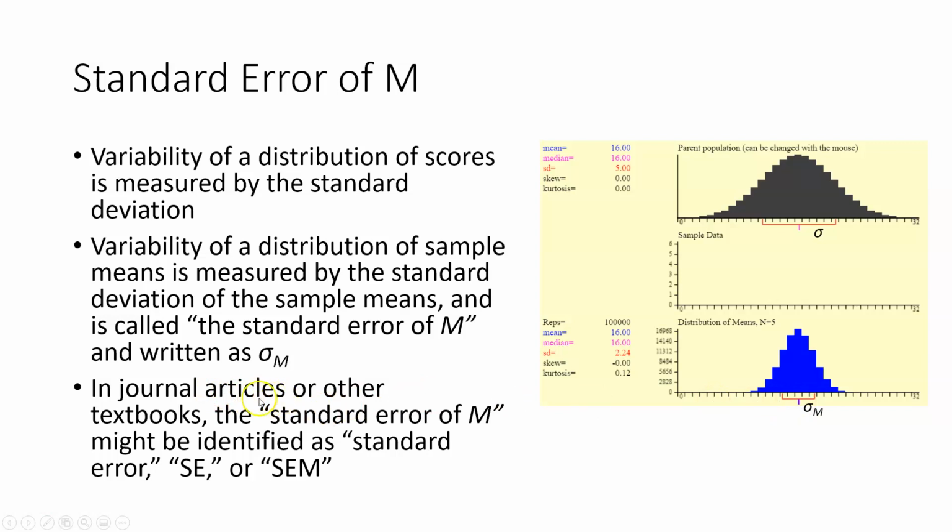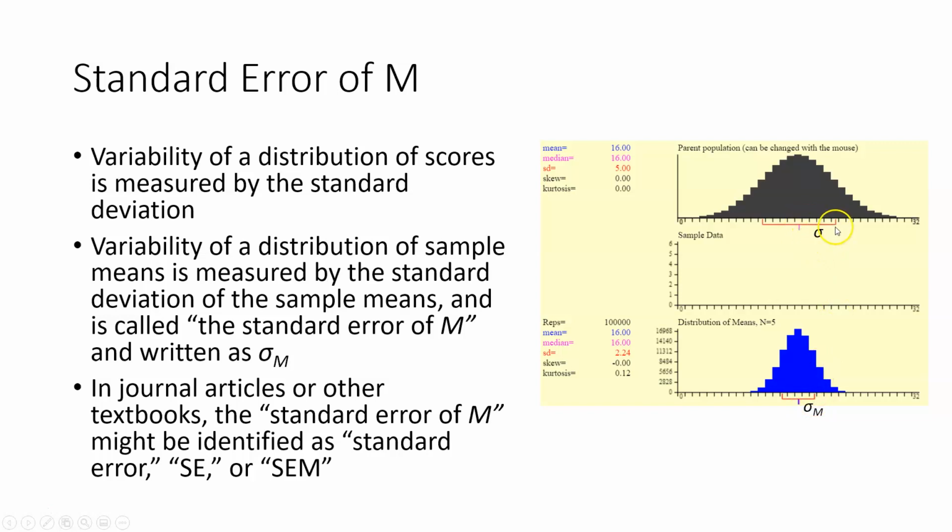In journal articles or other textbooks, the standard error of the mean might be identified as standard error or SE or SEM. Those are all abbreviations for it, but the idea is that the standard deviation of the sample means is always shorter than, always lower than the standard deviation of the population.